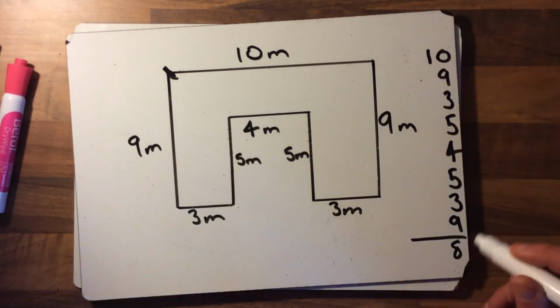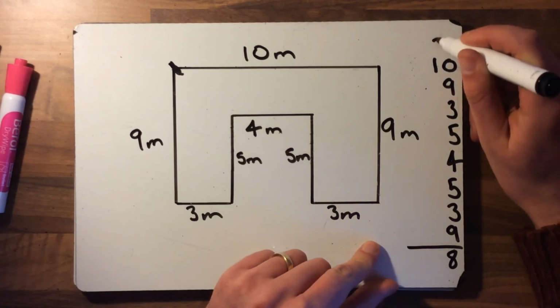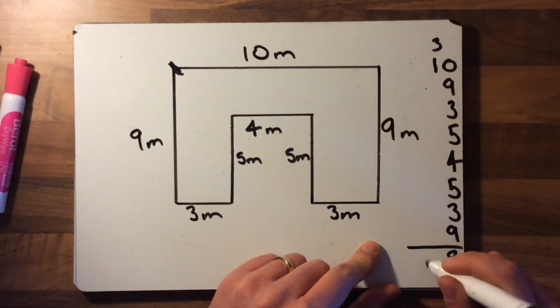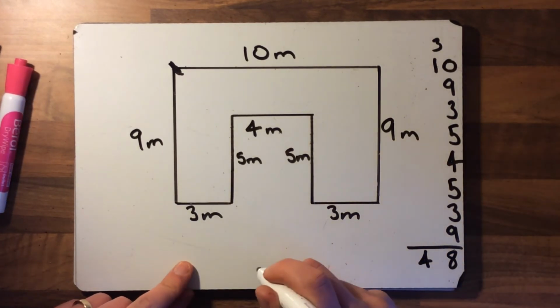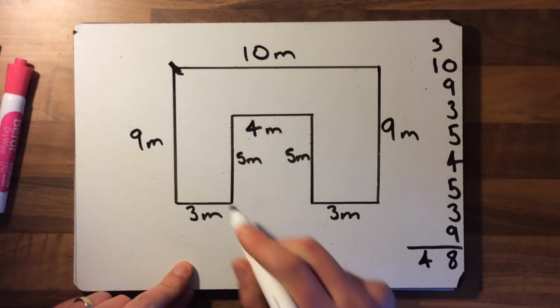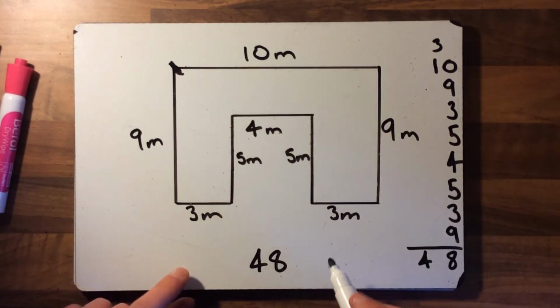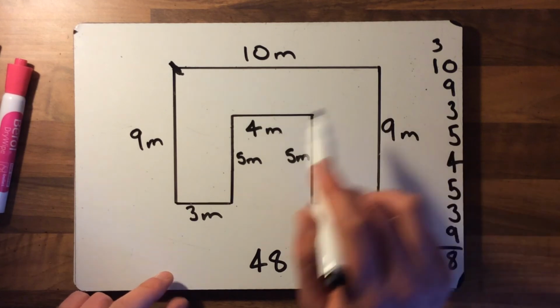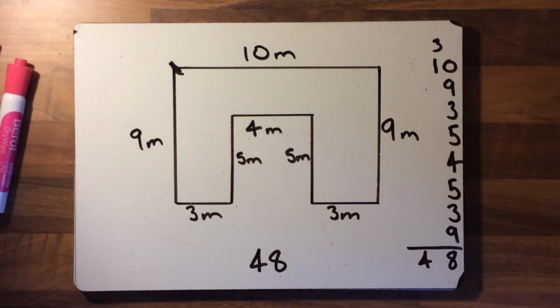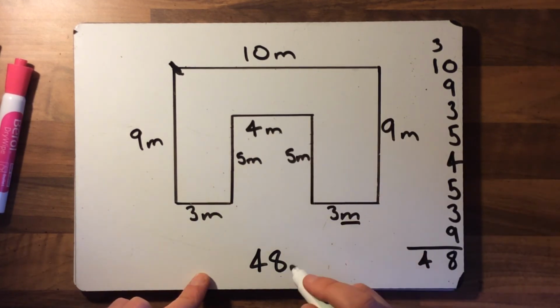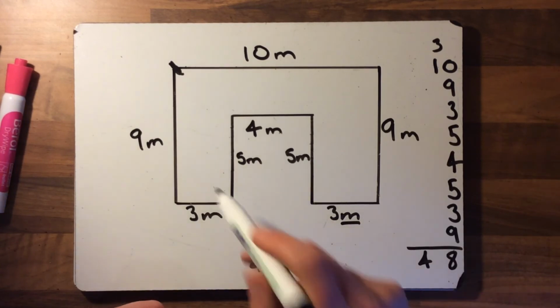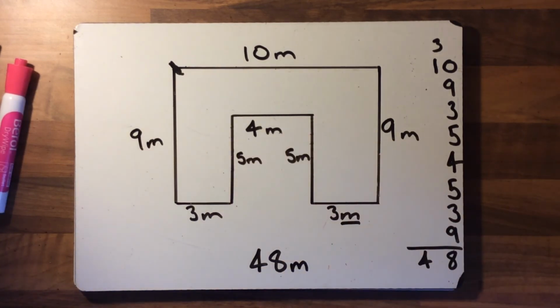So the perimeter of this N-shaped shape is 48, and it's in meters, isn't it? So it'd be 48 meters. So if this was a lawn area, if this was grass, then you'd know that your perimeter was 48 meters, and we've just done that by adding up every single one of those.